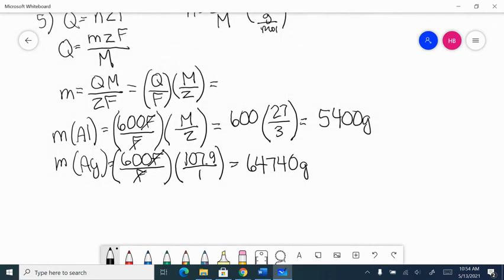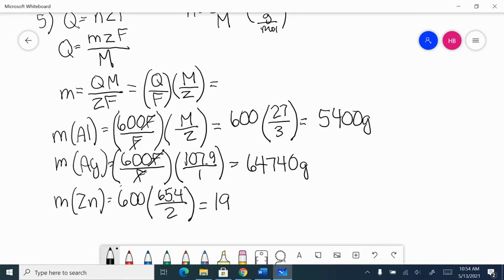Now let's do the same thing for zinc. The mass of zinc is 600 times the molar mass of 65.4 over the charge of 2, for 19,620 grams of zinc.